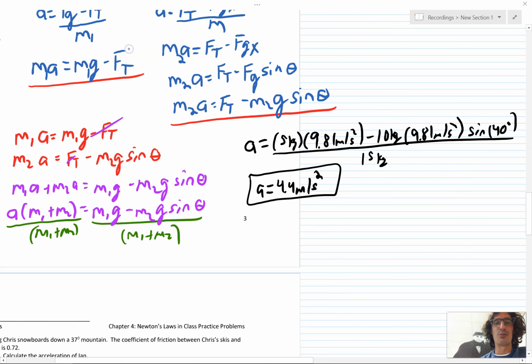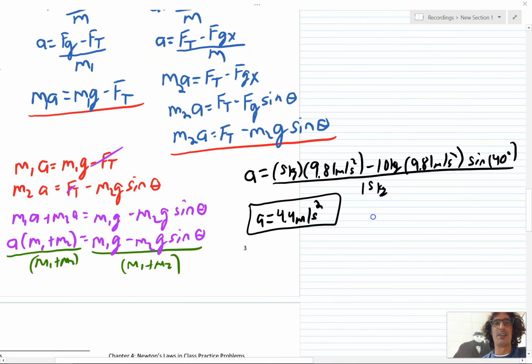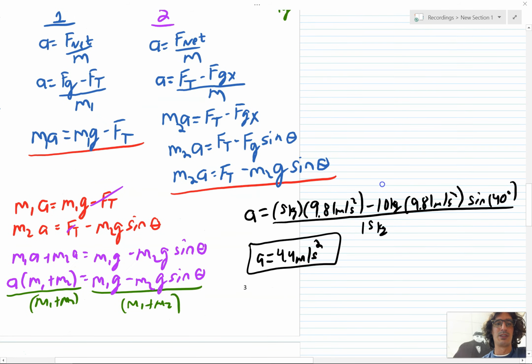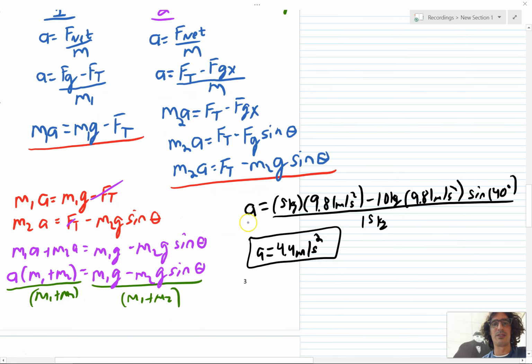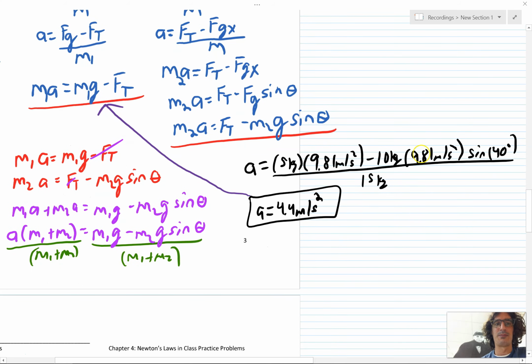Now we have to do the entire problem over to find the tension force. But really, since we know the acceleration, let's look at the easier of the two equations. That's the first one. We just isolate f of t and then solve for it. So I'm just going to do it all at once. We'll add f of t to the left side, subtract ma. That leaves us with f of t equals m1g minus m1a.